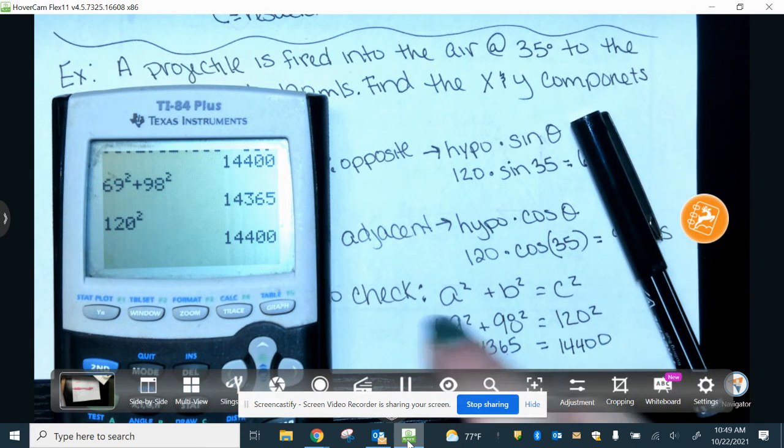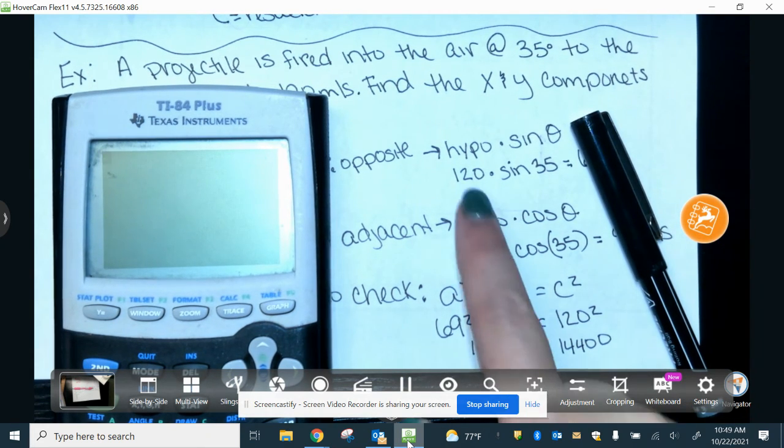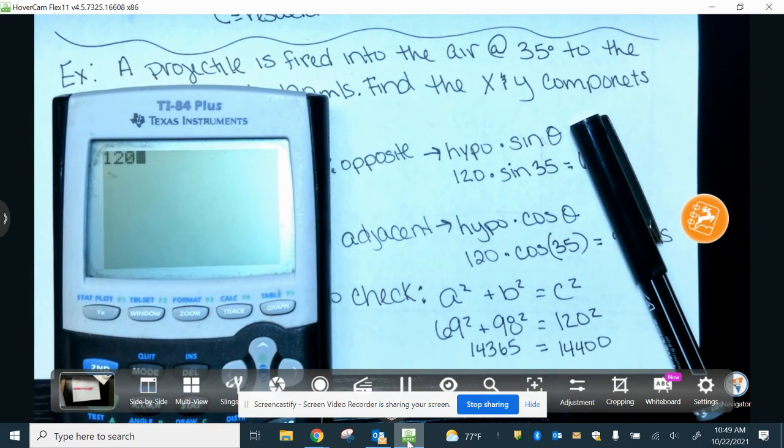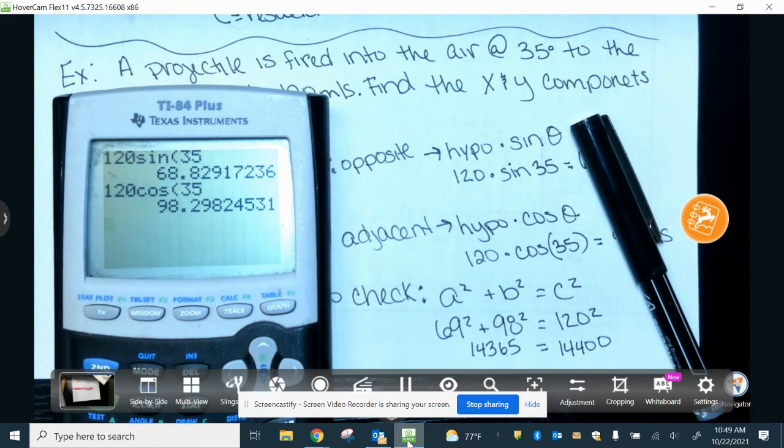So if I were to actually plug this in, 120 sine 35 gives me that number, which I rounded to 69. And 120 cosine of 35 gives me 98, which I rounded down.